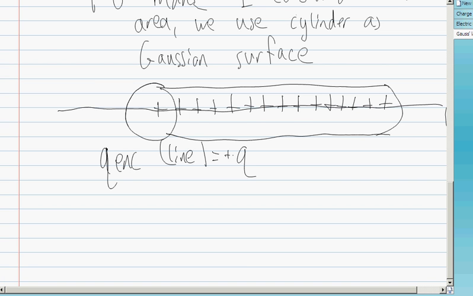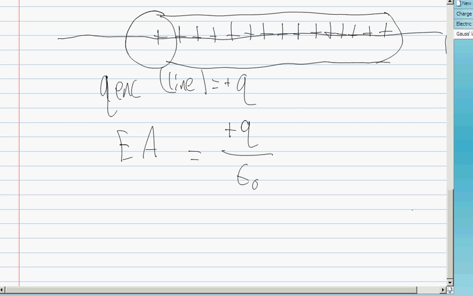That means that in our cylinder, we've captured positive Q over epsilon naught equals E times area. But our area is going to be the surface area of a cylinder, which is just the circumference times the length.